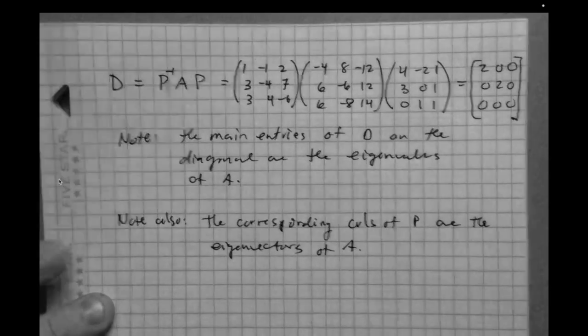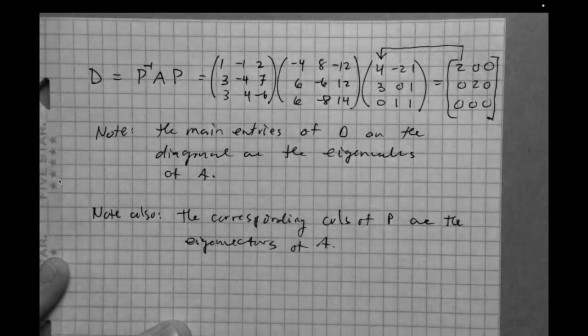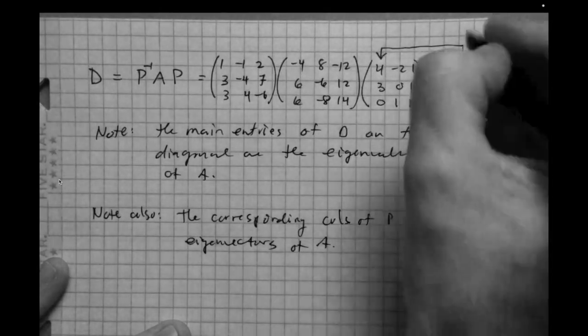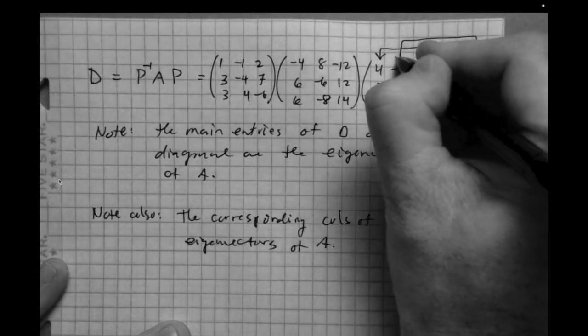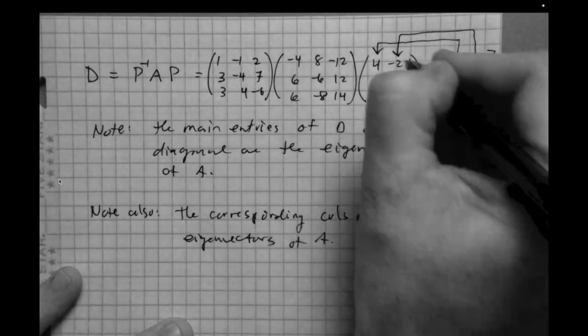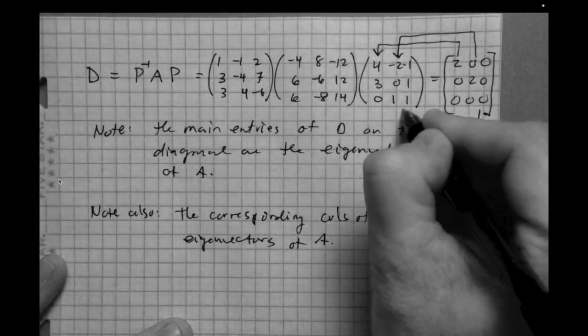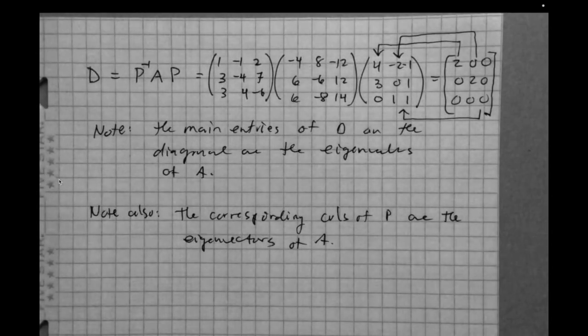So this one here goes with the eigenvalue 2. This one here also goes with the eigenvalue of 2. I think this is supposed to be negative 1. And this third eigenvector in P corresponds to the eigenvalue of 0.